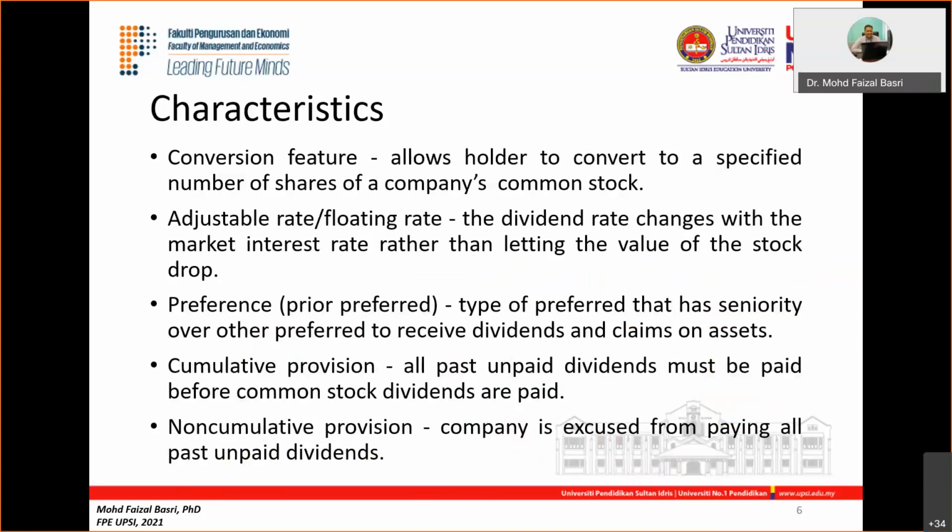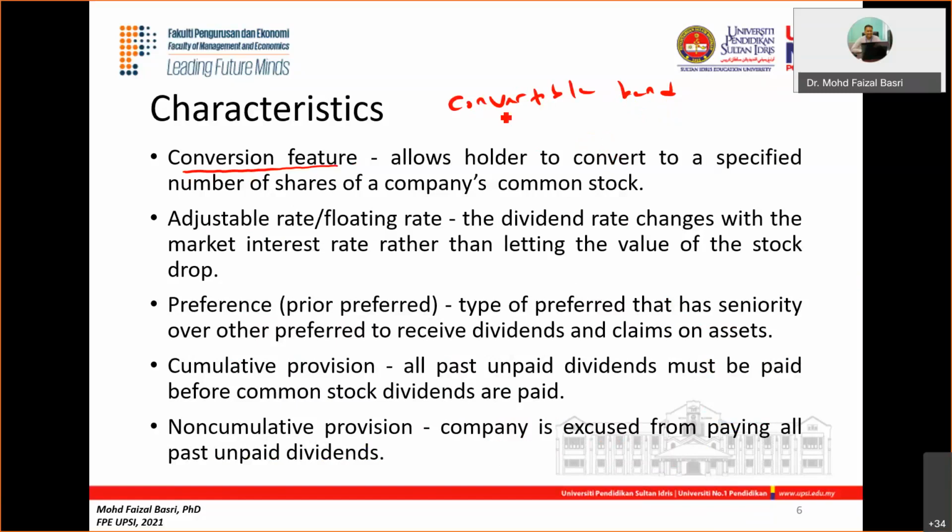Next, similar to bonds, preferred stocks also have conversion features. We may not have discussed in detail the conversion features for bonds, but some bonds, which we call convertible bonds, have conversion features, meaning as a bondholder, you can convert your bond into common stocks.